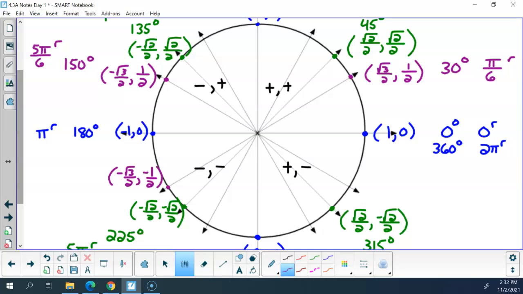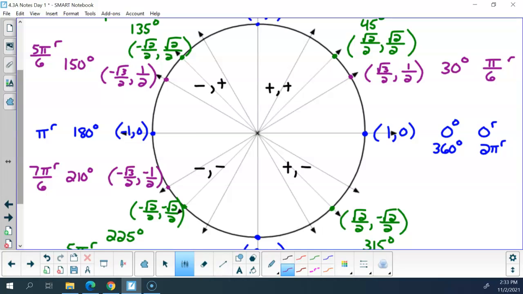How many degrees would I be at? 30 more than 180. 210. I'm pi over 6 more than pi. 7 pi over 6. Yes?